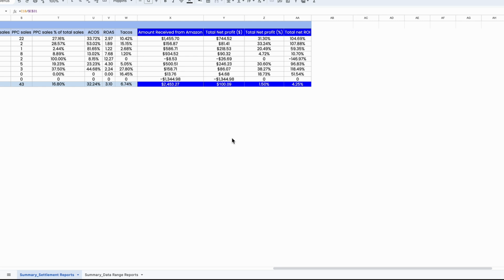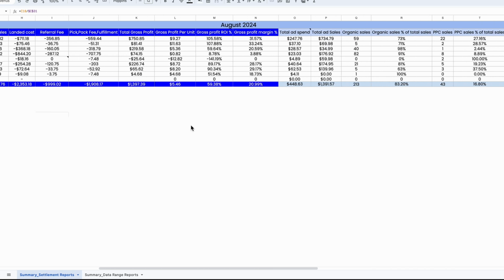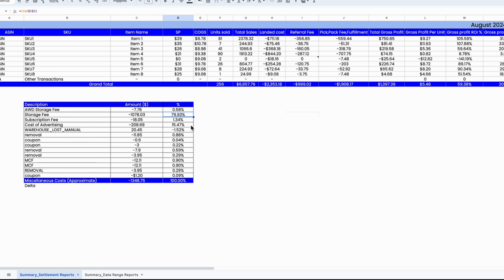Now, in this case also, you see lower profitability metrics, as in $100 in profit. Net profit percentage is just 1.5%. ROI is just 4.25%. One of the reasons why the profitability is low, once again, is because this brand has paid so much in storage fees, they have so much dead stock, or they are in a rush to release products without proper research, and that is why they don't sell.